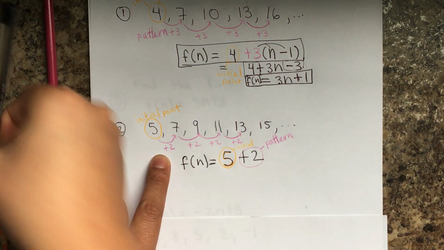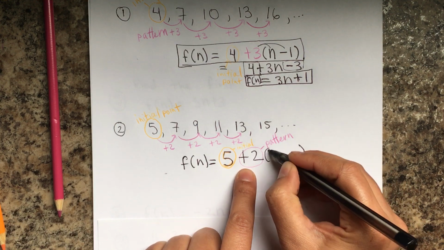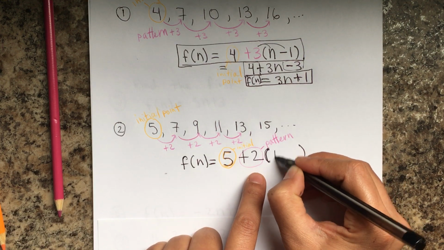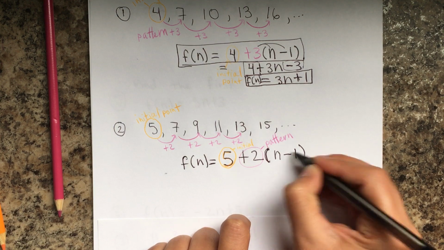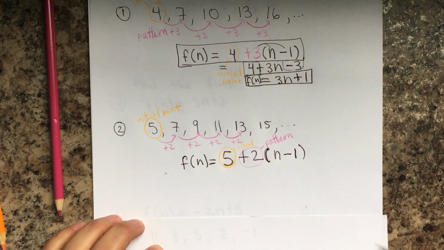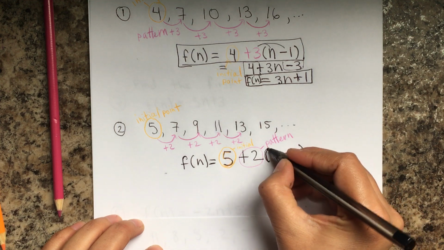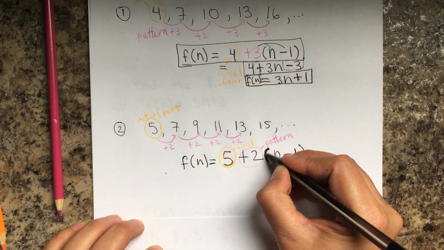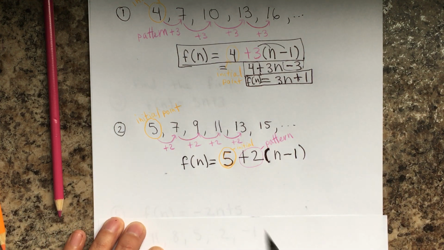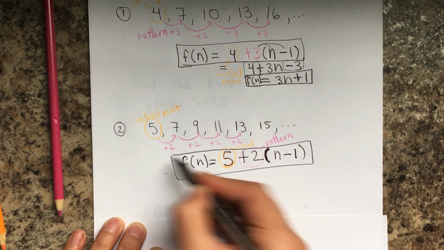And if you're adding or subtracting, n minus 1 will always be a factor. In the next lesson, you will see why I say that you need to do it as a factor. You might recall from last year. Again, this is the answer if you don't simplify.